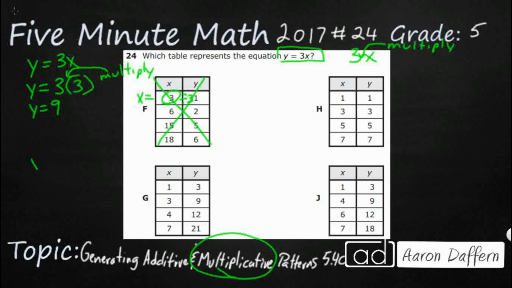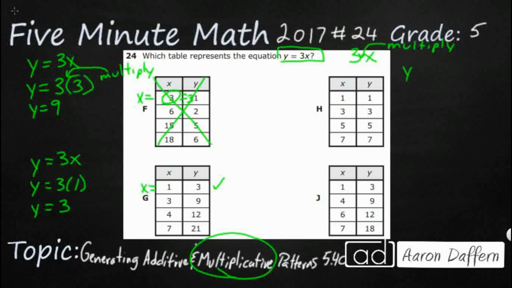Let's move down to J. We're going to say y equals 3x. We are going to substitute. In this case, x is going to equal 1. Let's always start with that first one. So 3 times 1, and then we'll say y equals 3. Okay, so that checks out. Before we keep going down there, let's see what happens with the first row of H and G, because that might prove to be pretty simple here.